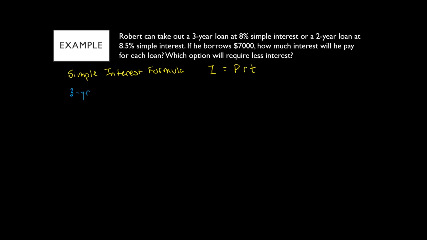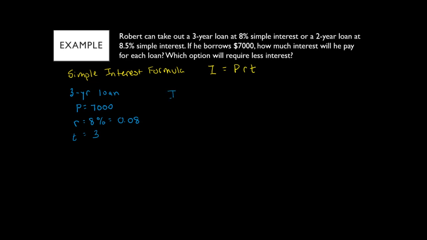So we have a 3-year loan, and we know that our principal for this is $7,000. The rate is 8%, which is equivalent to 0.08 when you make it a decimal, so you're dividing that number by 100. And then our time period is 3.